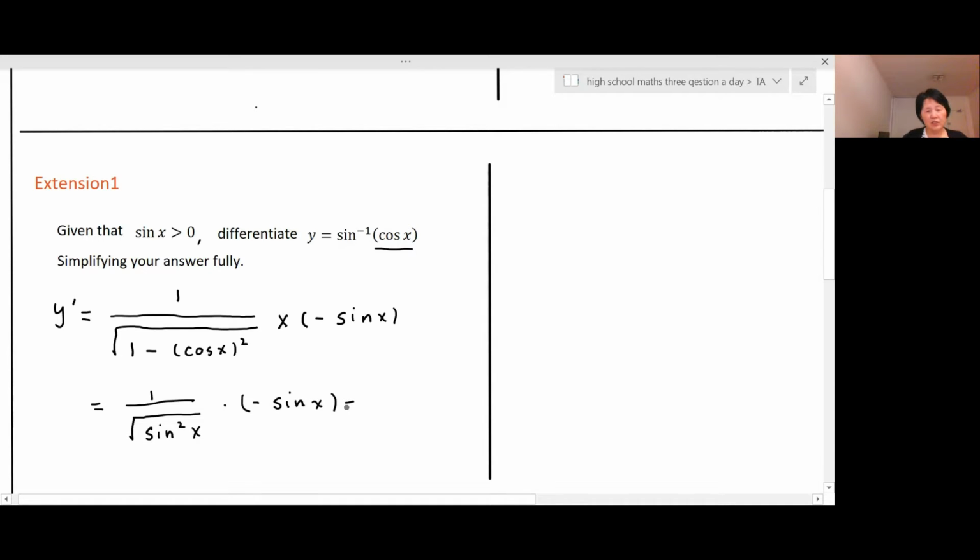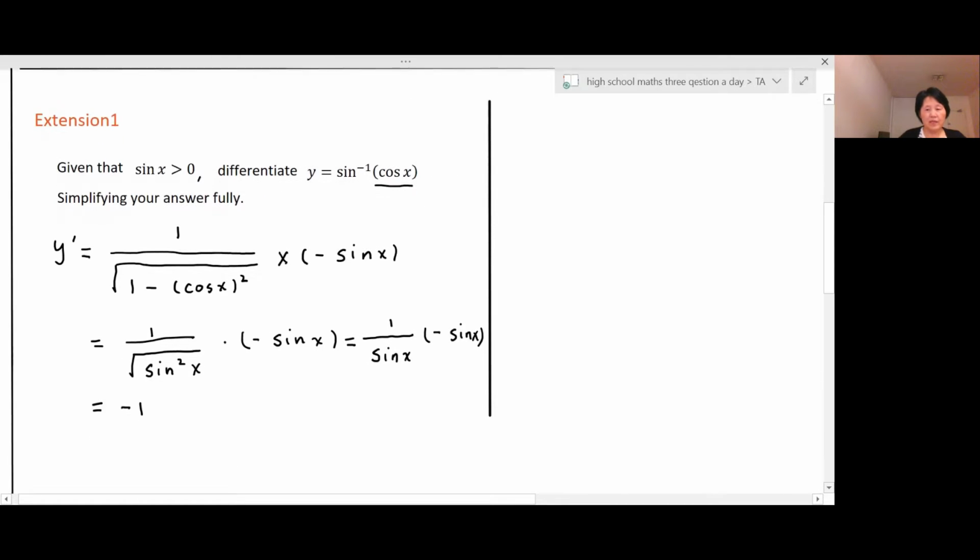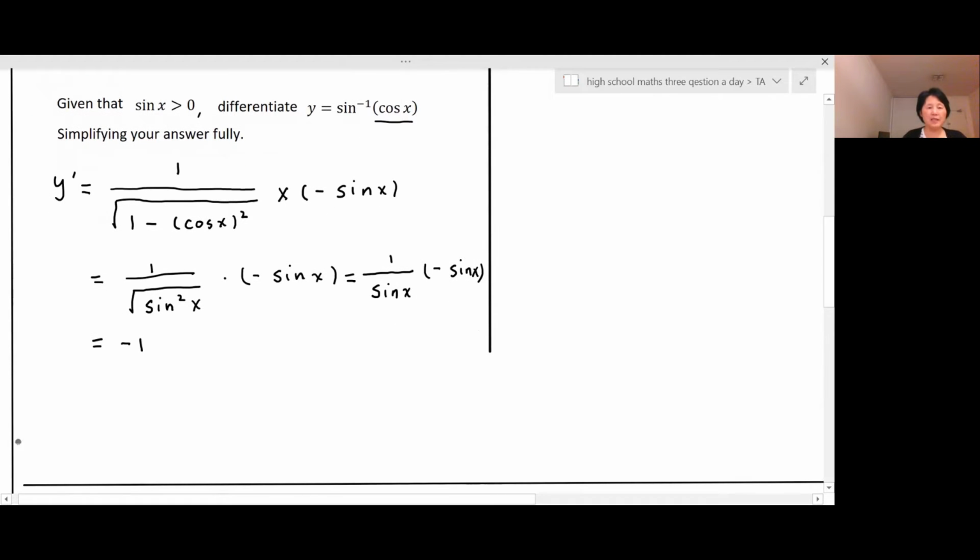Given sine x is larger than 0, this part will be just sine x, then times minus sine x. Then equal to sine x divided by sine x with a minus, so minus 1. This means the gradient will always be equal to minus 1.